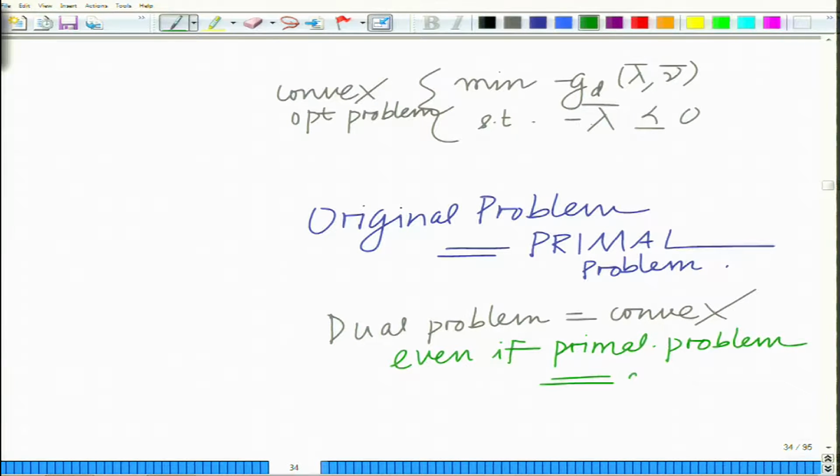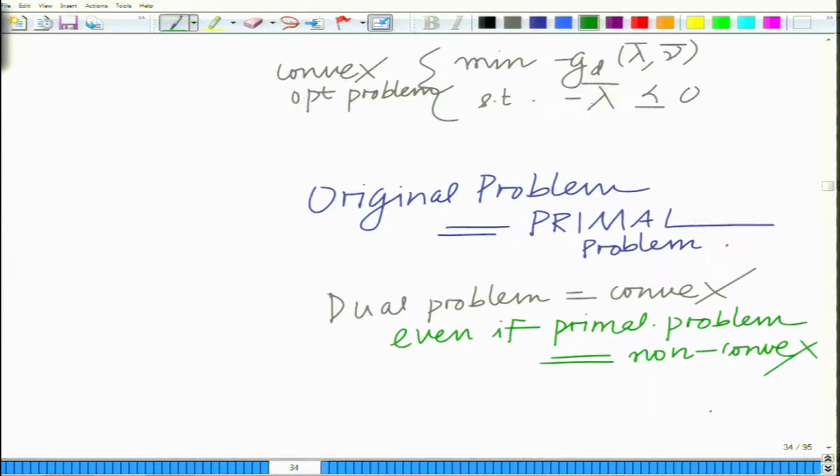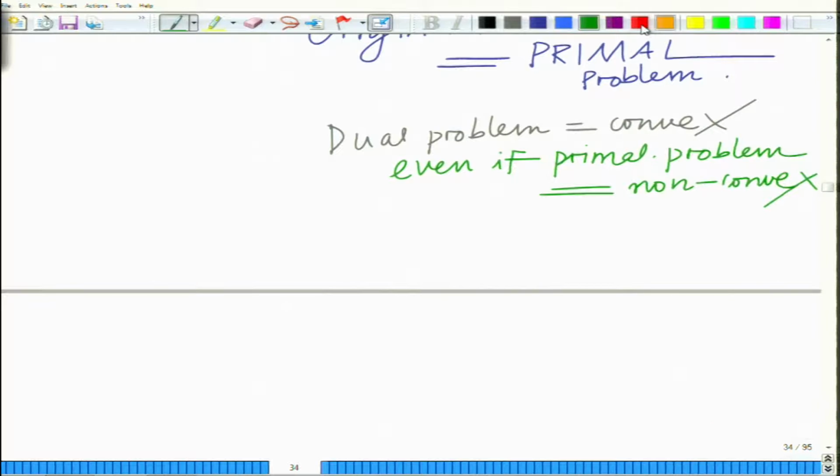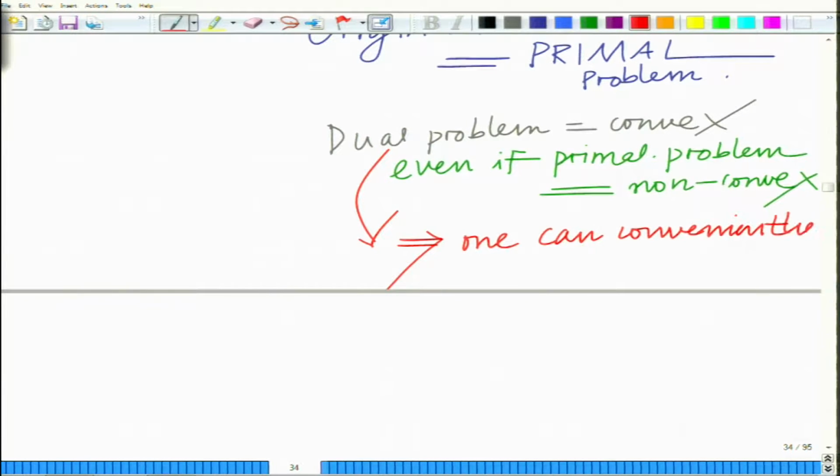Even if the primal problem is non-convex, which implies one can conveniently solve the dual problem using tools of convex optimization, convex optimization solvers and so on.